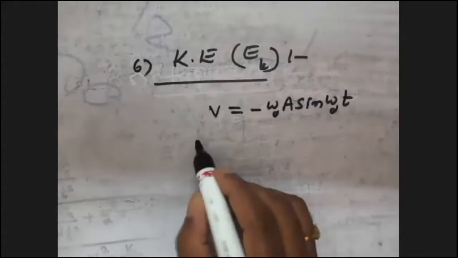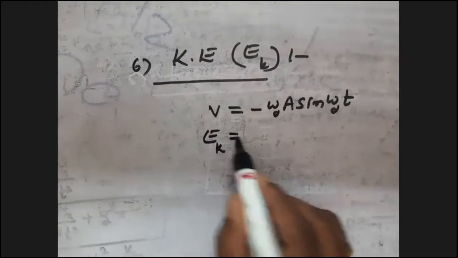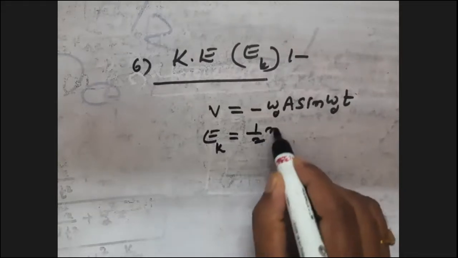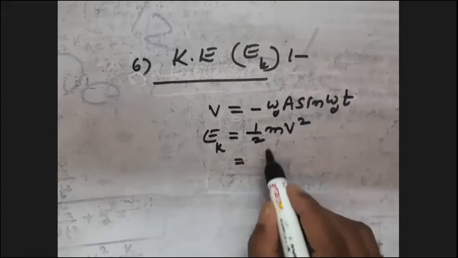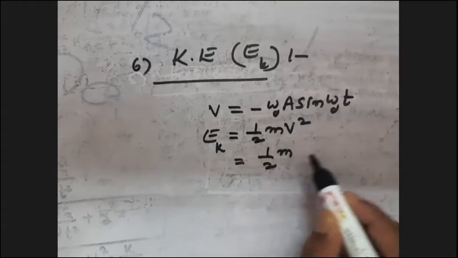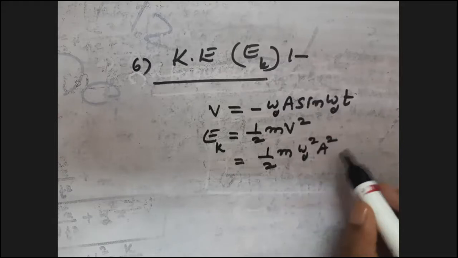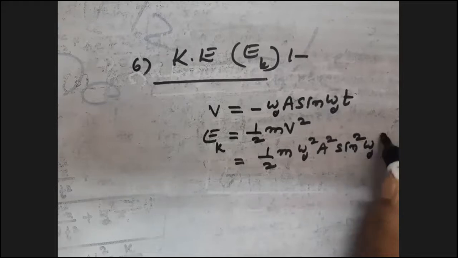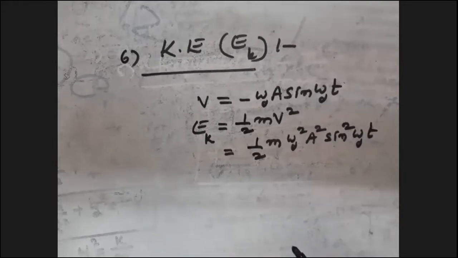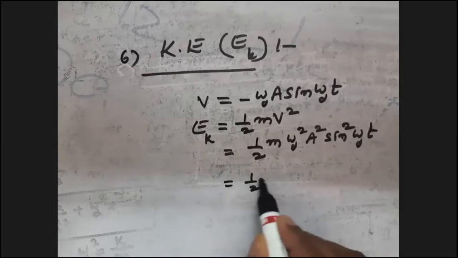Now, the kinetic energy at an instant of time is given by half m v square, where m is the mass of the particle. That is half m omega naught square A square sine square omega naught t.